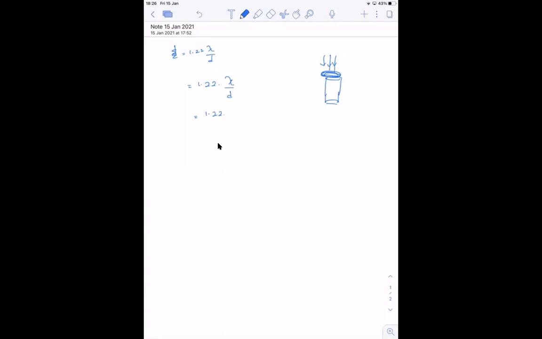For example, let's say you have a red filter here. Assuming that red has a specific wavelength range, let me assume that red wavelength is between 4000 and, let's say, 5000 nanometers.